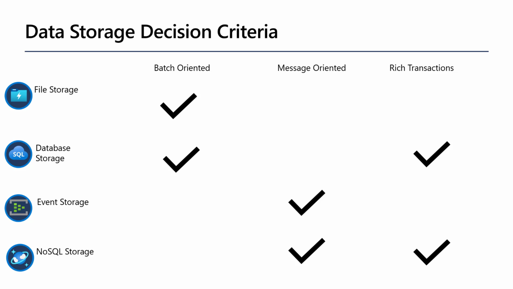And then NoSQL storage, we talked about this a little bit. It's got this interesting mix of the benefits of a database without the drawbacks of a database. The schema enforcement isn't rigid, but you still get some transactional capability. But it's almost message-oriented in the grand scheme of things. One of the reasons we look at it as message-oriented is that there is this ability to process data off of the change feed in NoSQL storage, almost like it's a message bus.